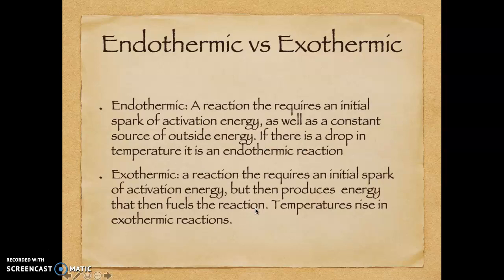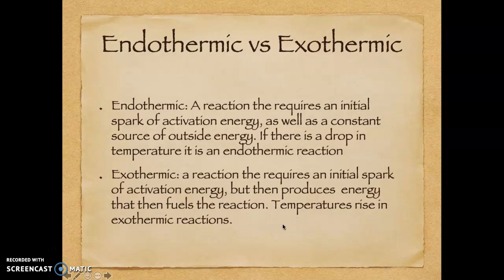Exothermic, on the other hand, after that initial energy, it actually releases energy. So it gets the initial spark from the activation, but then it starts to produce its own energy and it gives off that energy, which allows it to keep going and going and going.